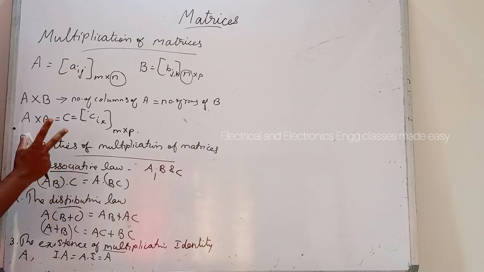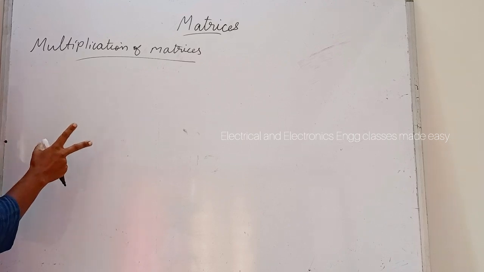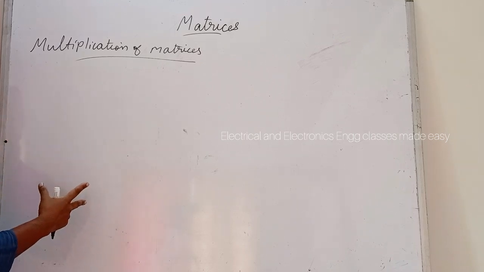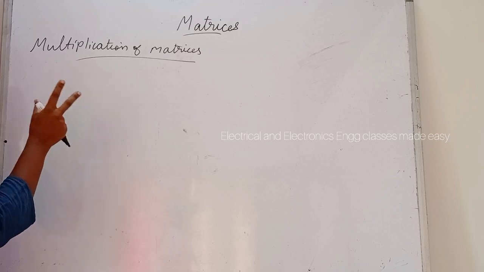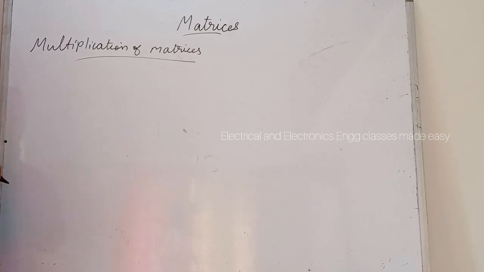Now let us do some problems related to this multiplication of matrices. Now let us find how to multiply two matrices. To multiply two matrices, we have discussed the orders. Now how will you multiply two matrices?